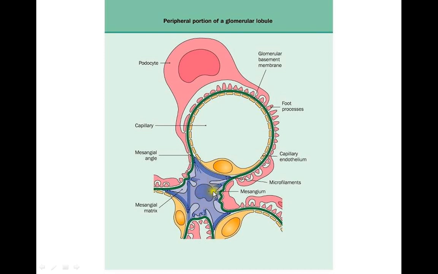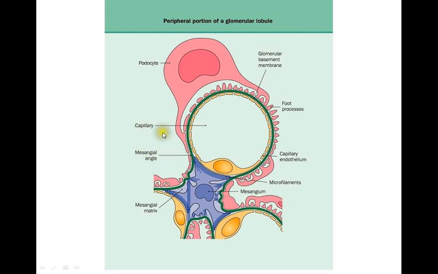By contraction of this cell, these loops come close together, so the total size of the glomerulus is reduced, and the filtration area and the amount of filtration of blood are also reduced.